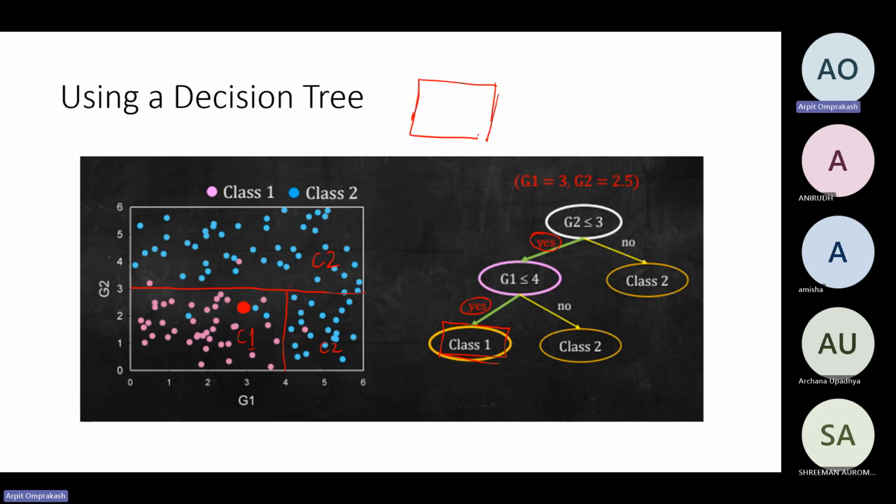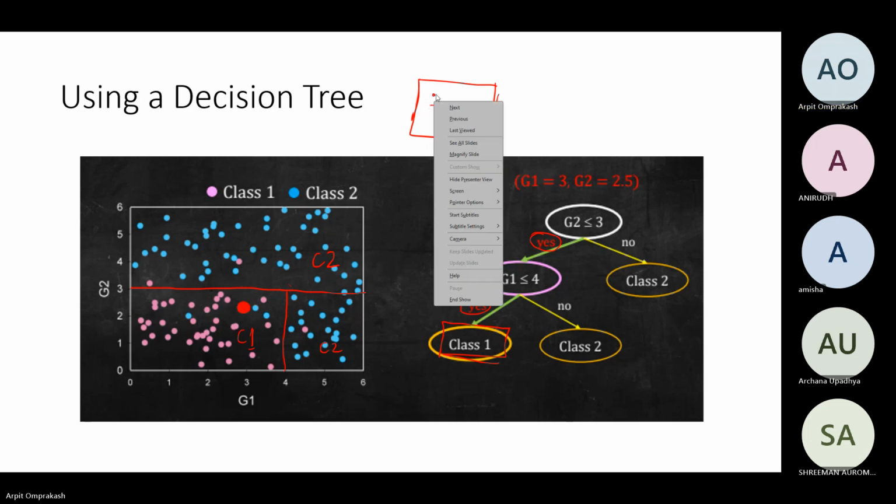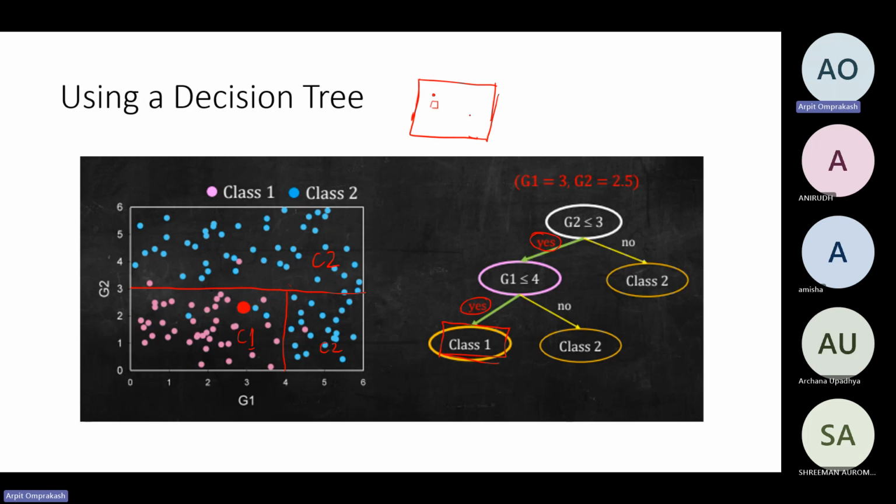For example, data like this: this is class 1, this is class 2, class 1 and class 2, and class 1 and class 2. A decision tree would possibly have divided it like this, then this would have been one class, and divided it like this, like this, like this.